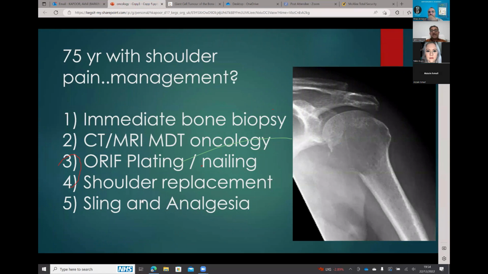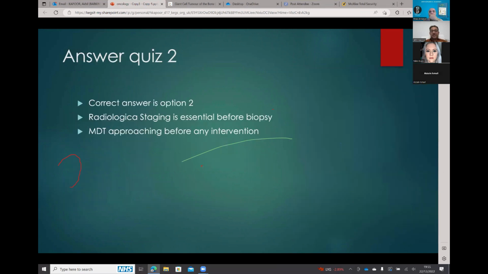Sling and analgesia can take place at their sweet time. You may not have any analgesia available. Pharmacy might be closed. You may not have anywhere to give a sling. That is not crucial. The most crucial thing is an MDT approach. You cannot let that patient disappear or go away without you having done the next appropriate escalation of management. So hence, CT and MRI and MDT is the correct answer. Okay, good.